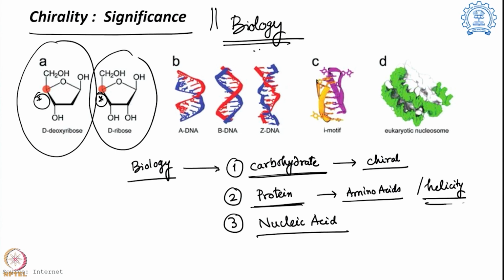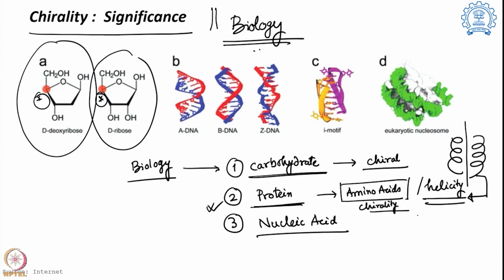The helicity is the thing that we showed earlier, this kind of system. So, this kind of helicity can also be brought into the protein by the secondary structure. So, these amino acids bring chirality, and the secondary structure brings additional chirality to the system. So, with that our protein system becomes chiral.